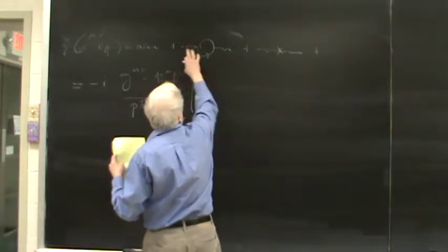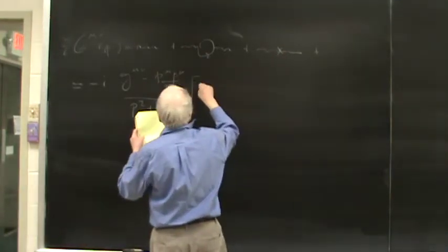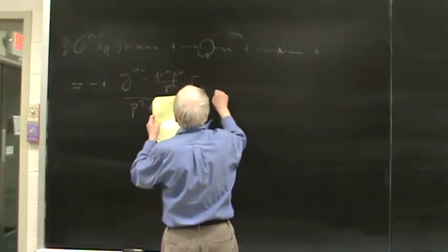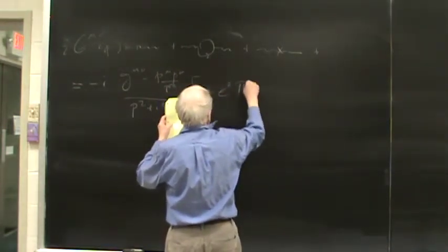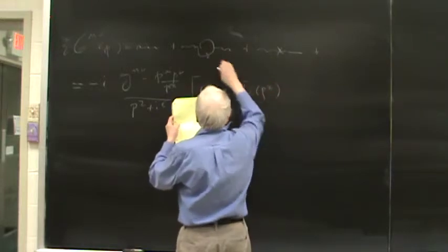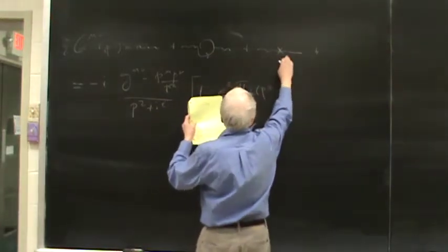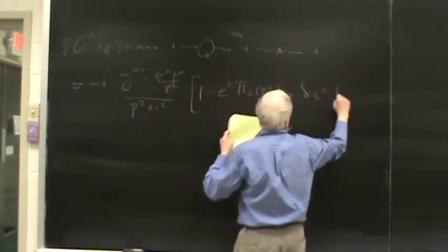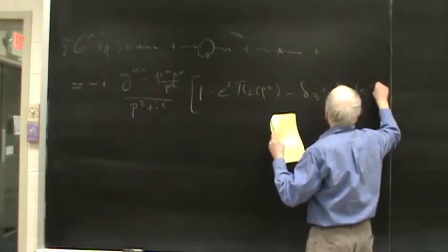And then these terms are going to give us 1 from that term, minus e squared Pi 2 of P squared from this term, and then this term is going to give us minus delta 3. And then we've got plus order e to the 4th.